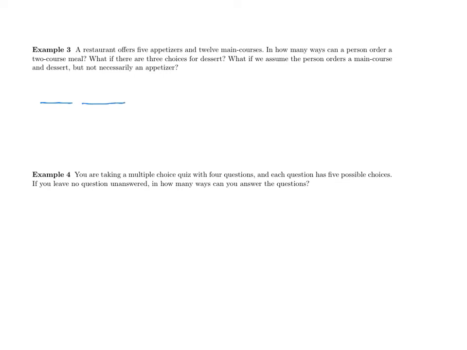And within each of those groups, there were 5 appetizers and 12 main courses. Therefore, the total number of 2-course meals is 5 times 12, and that is 60. So the answer for this first question is 60.